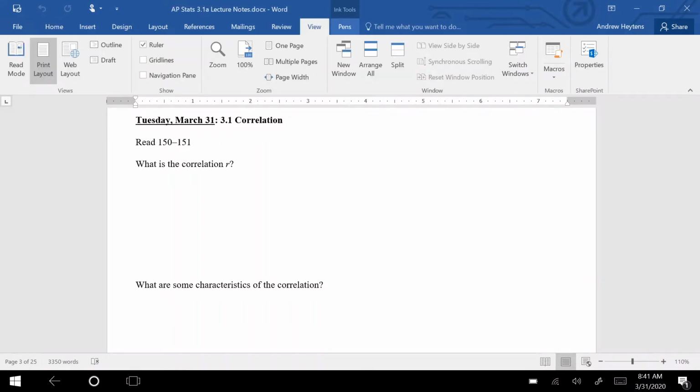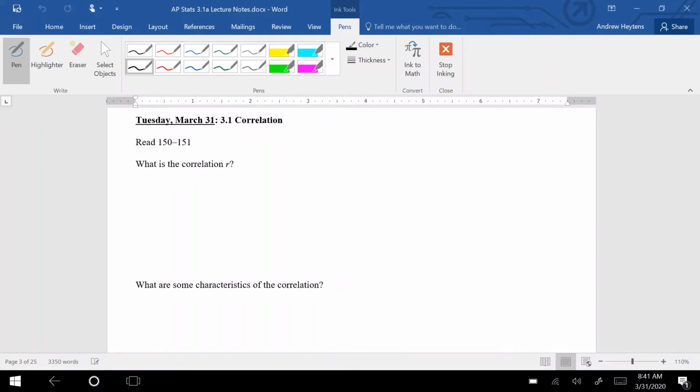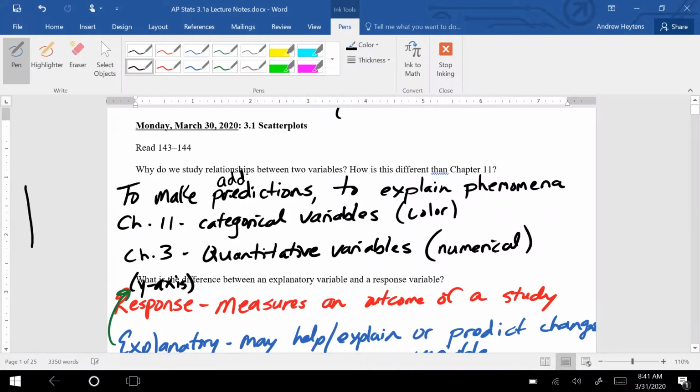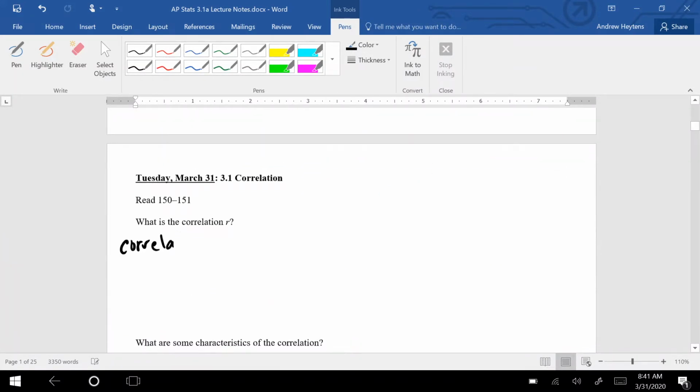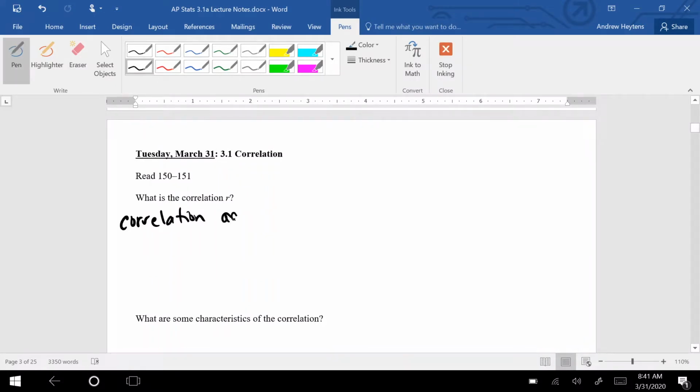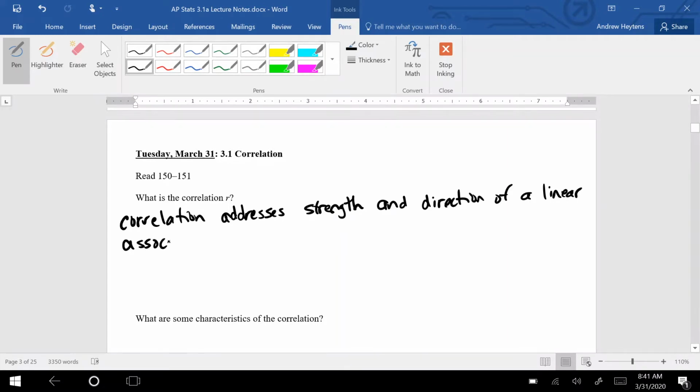In stats, we define correlation with the letter R. And by definition, correlation addresses strength and direction of a linear association. It does not address form.